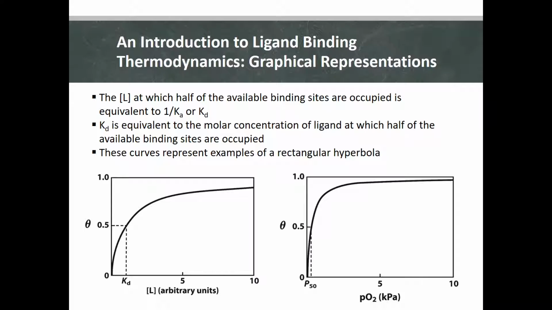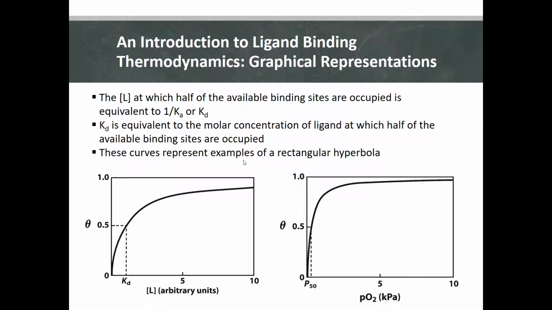As your ligand concentration falls below your Kd, less of your protein has ligand bound to it. And in fact, in order for 90% of your available ligand binding sites to be occupied, your ligand concentration must be 9 times greater than your Kd per the predictions made by the rectangular hyperbola.